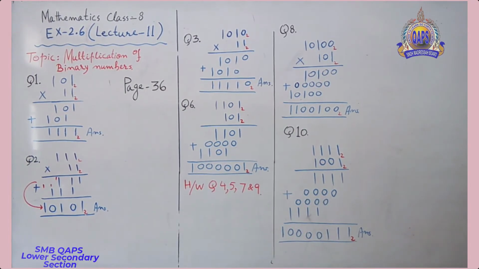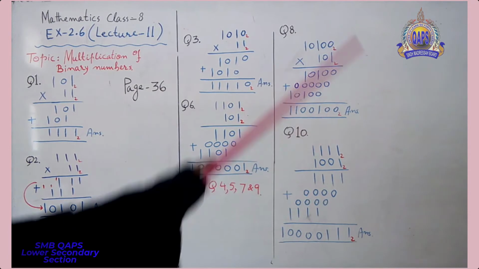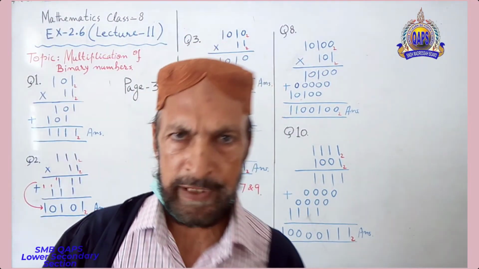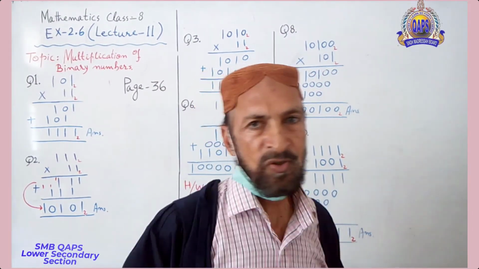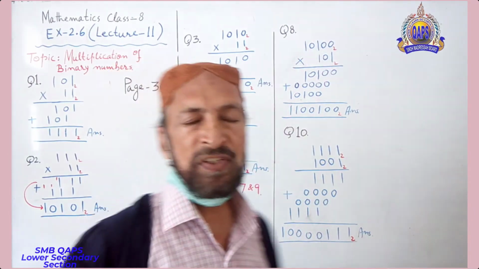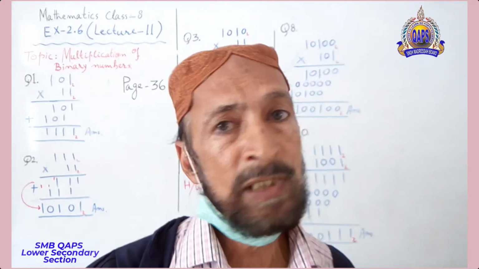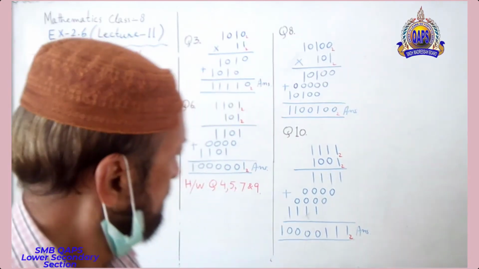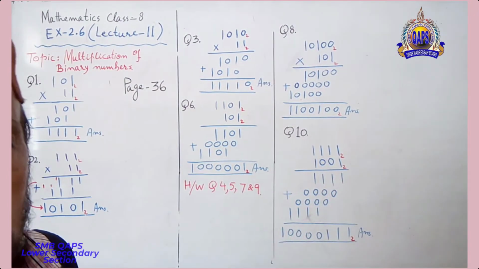And also match all these answers with your book. Have a look again, question number 8. All right? Understand? I hope you understand all the questions. So I finished question number 8. How about question number 9? I am leaving it. I am not doing it. You will do it as your homework. Question number 9, homework.